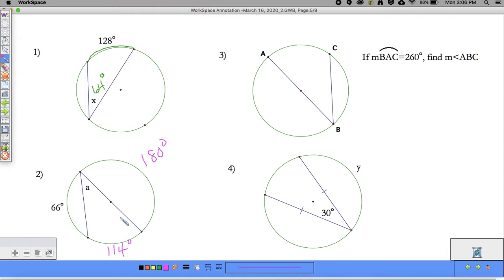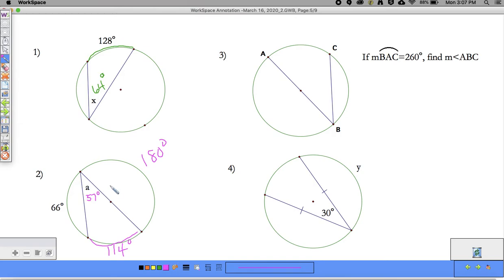So that's 114 degrees, but as you can tell, A is an inscribed angle. So this again is your inscribed angle, so it's going to be half of that intercepted arc, which is this guy right here. And have you never noticed that it looks like a little ice cream cone? Like this is the ice cream and your inscribed angle is like the cone. So that's how you kind of want to look at it. So half of that is going to be, you're correct, 57 degrees.